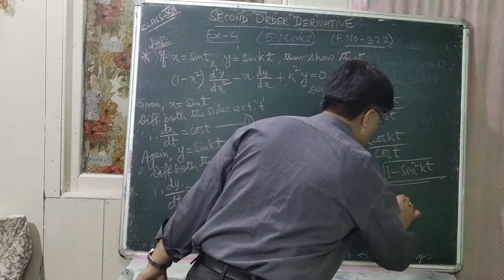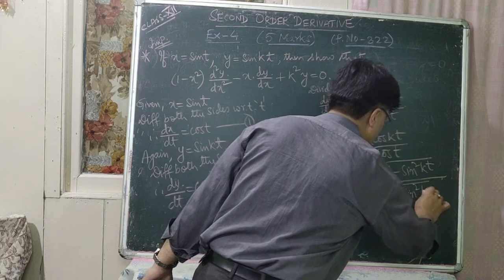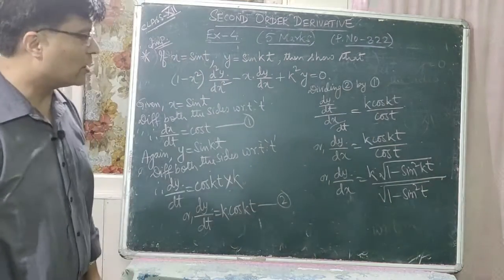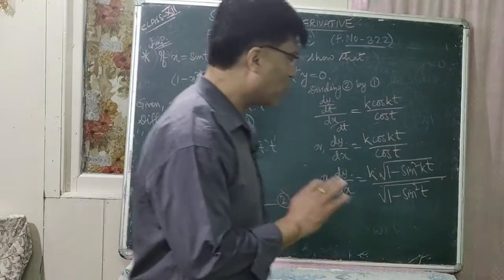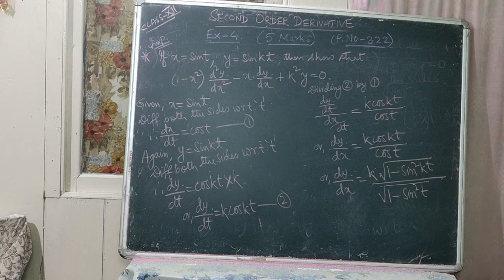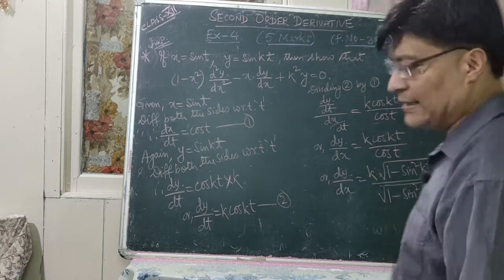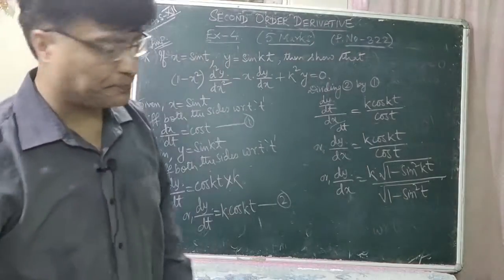It is root over 1 minus sin square t. So why are we converting cos kt and cos t in terms of sin? Because you may put the value for sin kt as y and sin t as x.